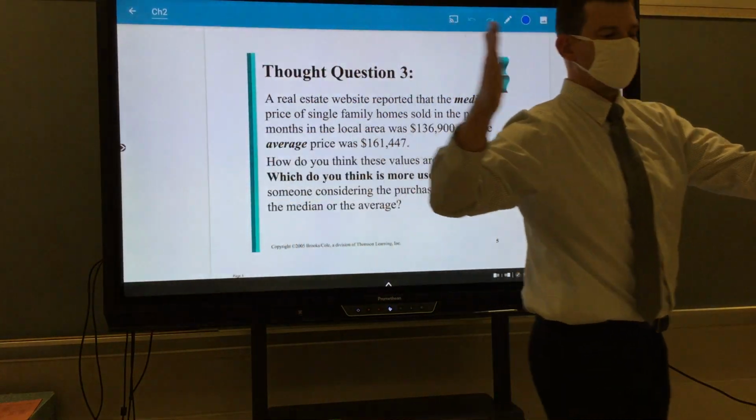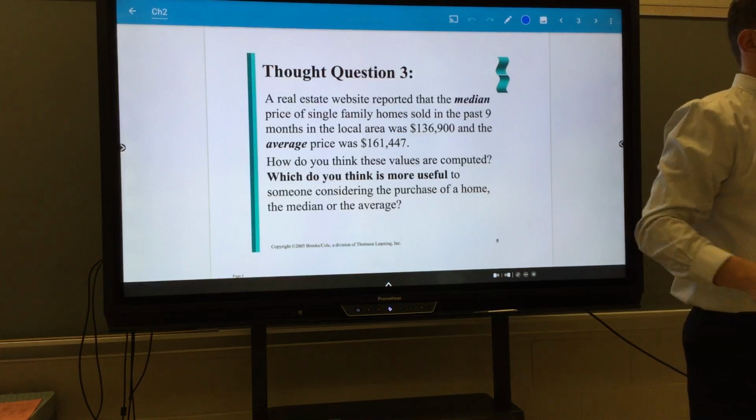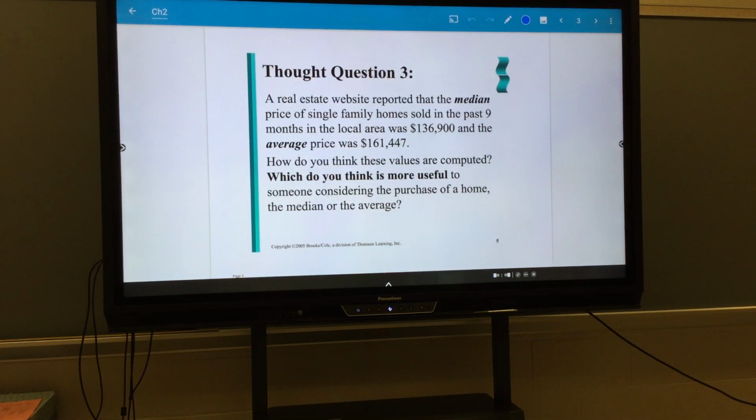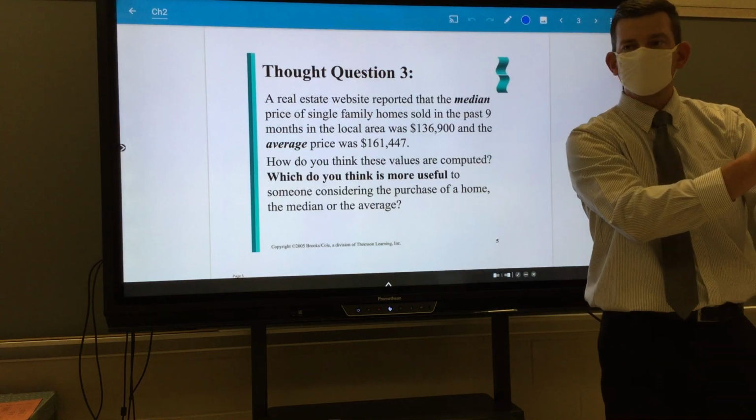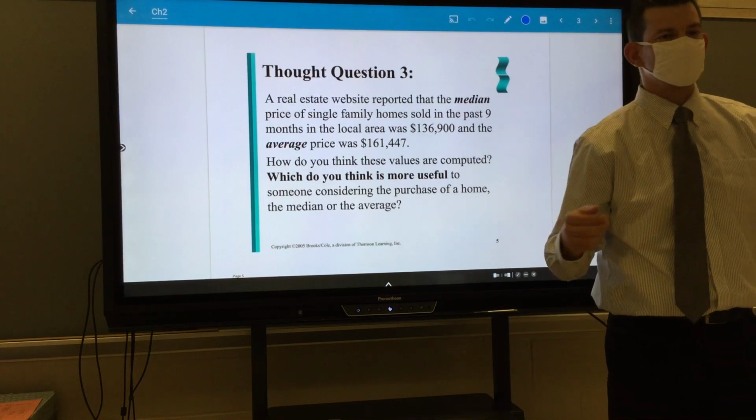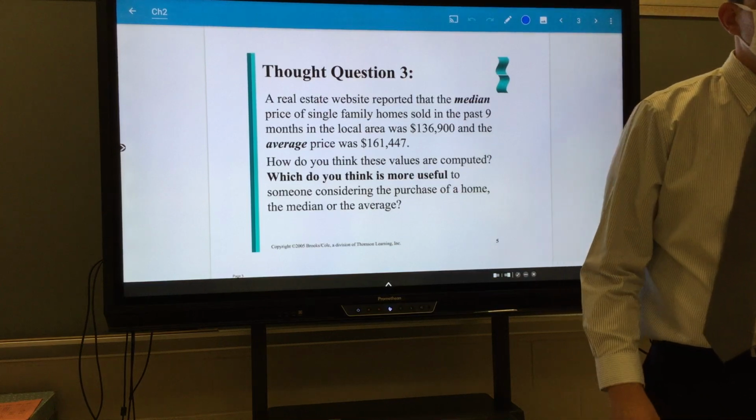And then you continue to work your way to the middle. So it doesn't matter that that was a $40 million house. It could have been whatever the next highest value is, and the median is still going to be the same.